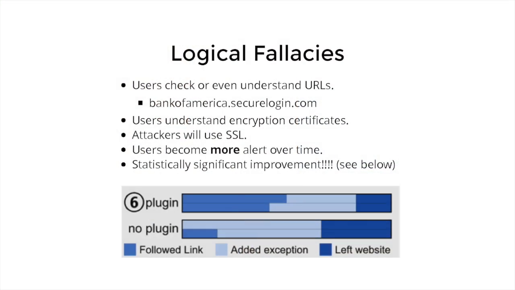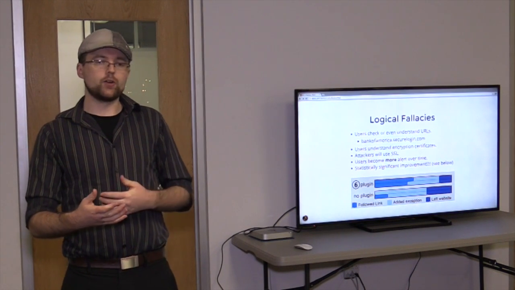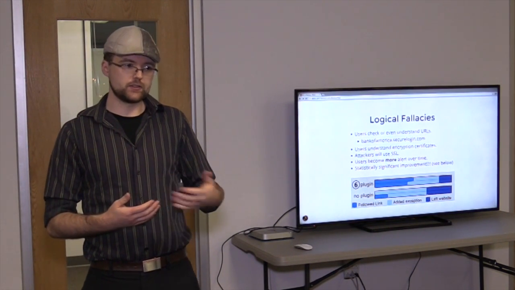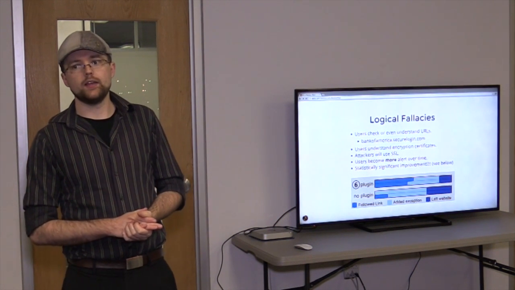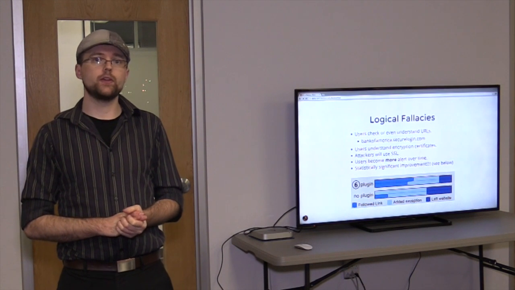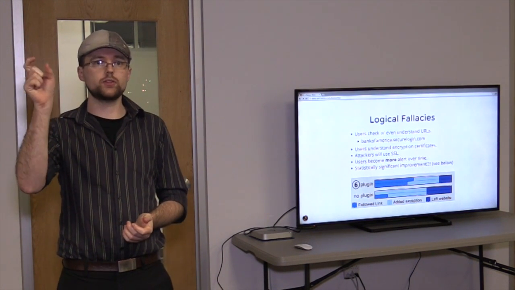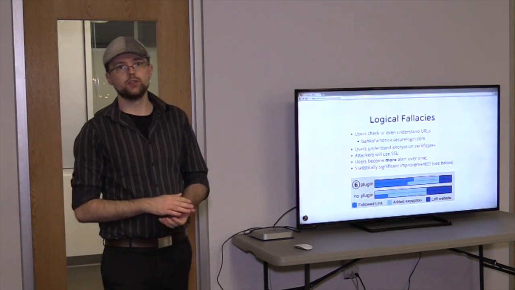So there's a bunch of logical fallacies that we just talked about. One, that users check or even understand URLs, right? So you can have bankofamerica.securelogin.com. I was actually talking about this to one of my professors. I was asking this professor to go to, let's say, twitter.com, and instead of going to twitter.com, the professor typed twitter.com into the Google search bar and then clicked on the top result.